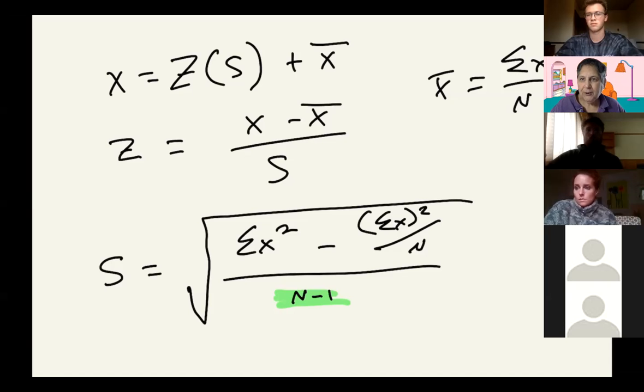If it's talking about a sample, it usually has n minus 1. It's considered mathematically conservative for an experiment so that you don't overgeneralize your results. It's complicated, but that's what that's referring to. So if it says minus 1, we're working with a sample. For the purposes of this course, whichever one your calculator does, I'll take it.